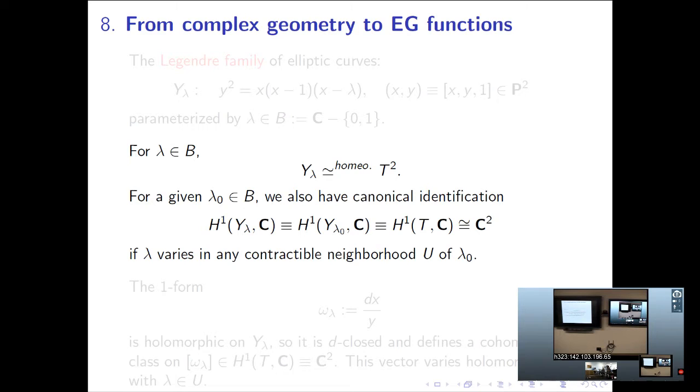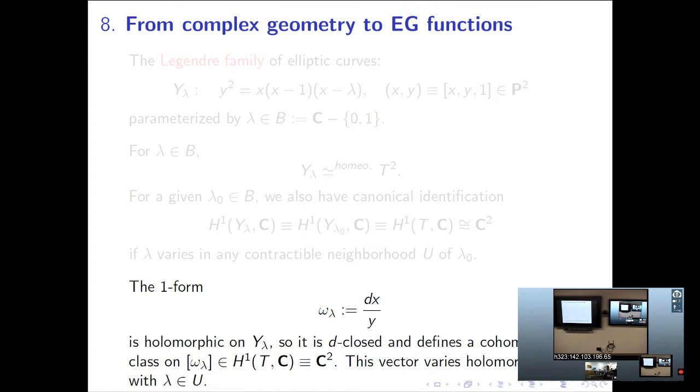So if you fix any lambda 0 in the base, then in a local contractible analytic neighborhood, we can identify the fiber topologically as a two torus. And so the first cohomology is identified with that of the two torus, which is C squared.